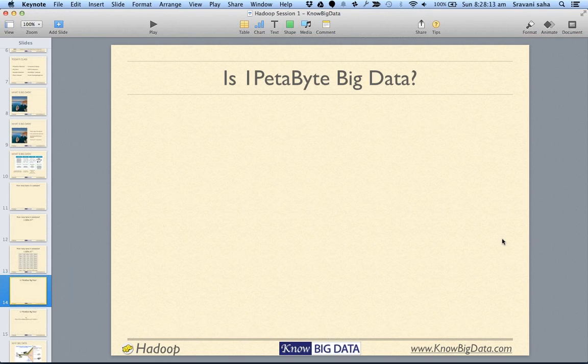We know what big data is and we know what a petabyte is. A petabyte has 15 zeros, or you can think of it as 1000 hard disks needed to store 1 petabyte of data. So my question to you is, is storing 1 petabyte of data a big data problem or not?